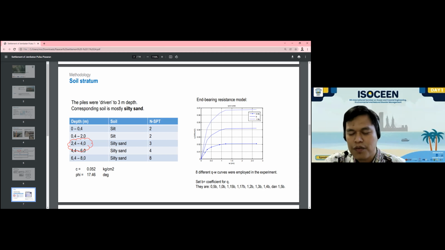I built the lower boundary curve, this is the 0.5B curve, and for the upper limit, this is the 1.5B curve.